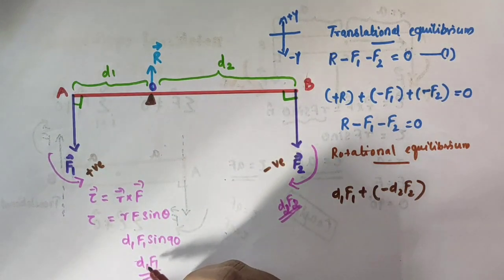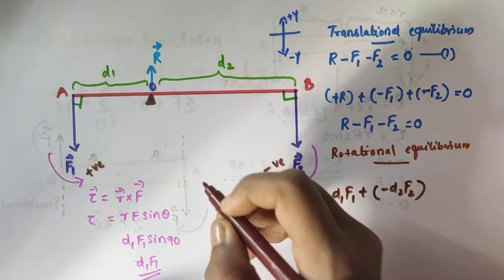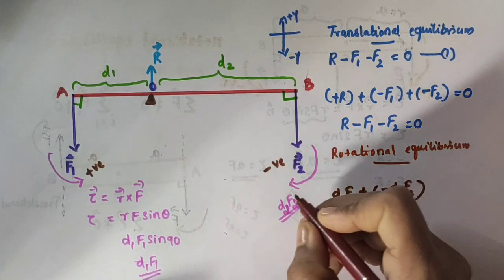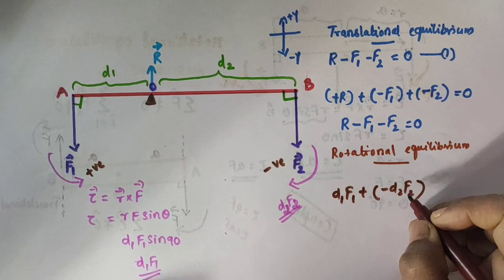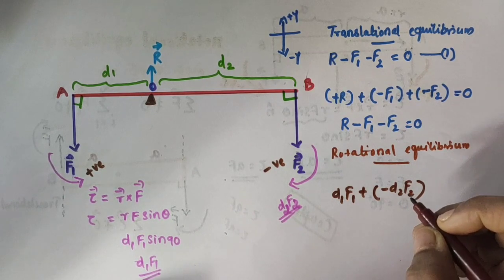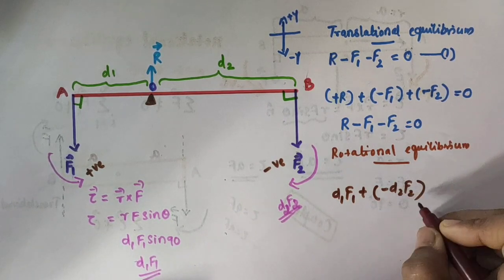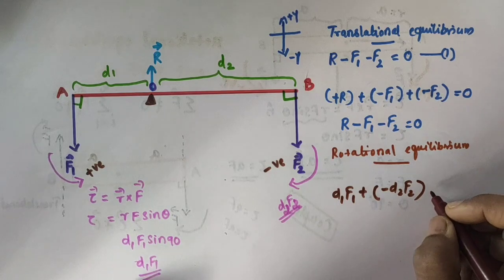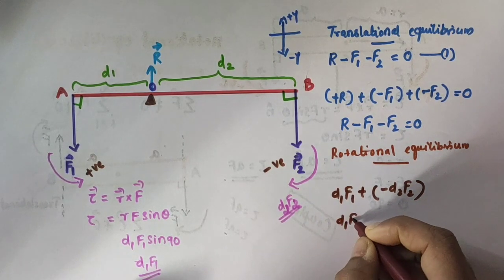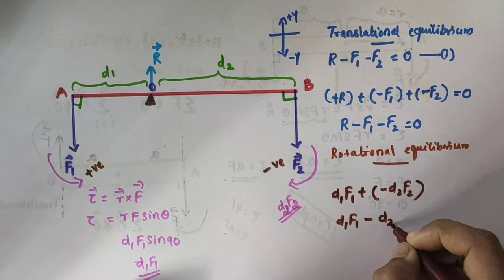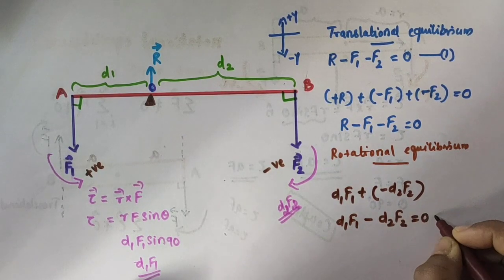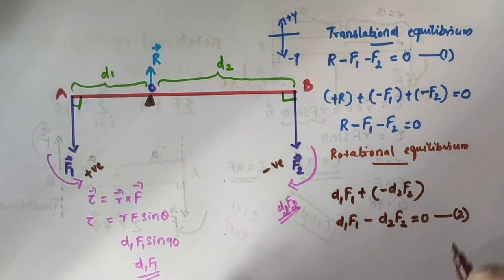For rotational equilibrium, the sum of moments must be 0. That is, D1 F1 minus D2 F2 is equal to 0. And I am taking this as equation number 2.